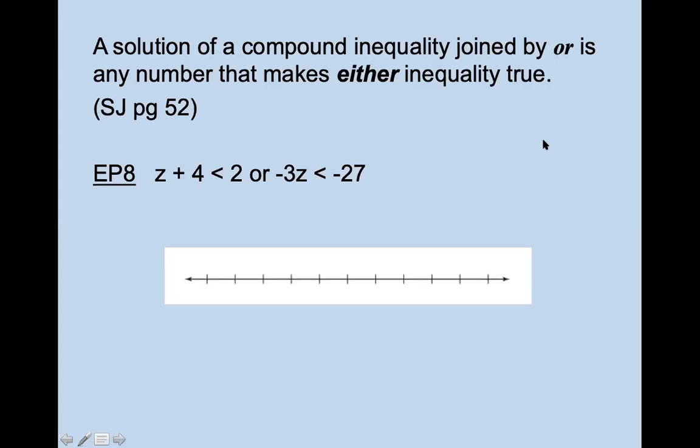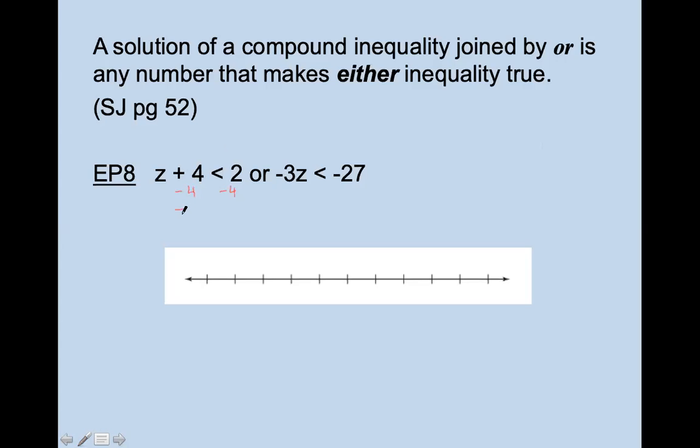So let's look at this one. This is in your journal on page 52, extra practice number 8. So when you have an or inequality, you go ahead and solve each inequality. On this first one, I have z plus 4 is less than 2. So I'm going to start out by subtracting 4 from both sides.